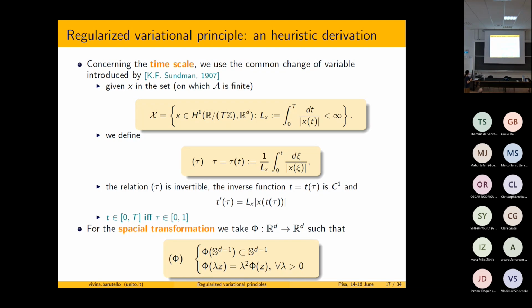The time scale depends on the loop, and it is done on every loop with finite action. Indeed, this integral here is finite. While the spatial transformation is a transformation that fixes the sphere and is homogeneous of degree 2, for instance, the square.